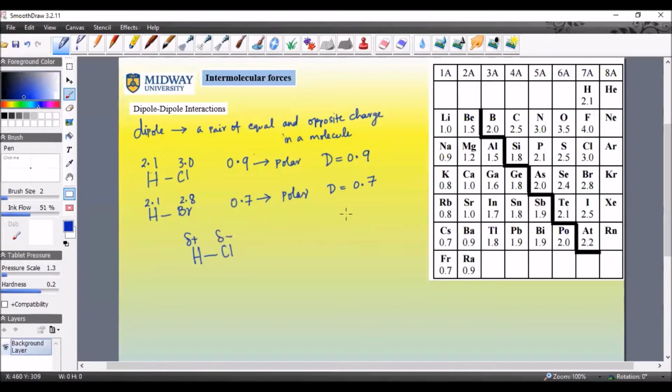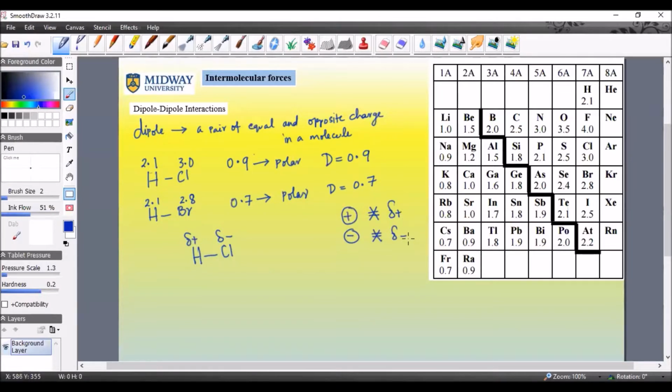Now, keep in mind, a positive charge written this way is not the same as a positive charge written this way. This is partial positive charge, this is a full positive charge. The full positive or full negative, not the same as writing this, is usually reserved for compounds that are ionic.